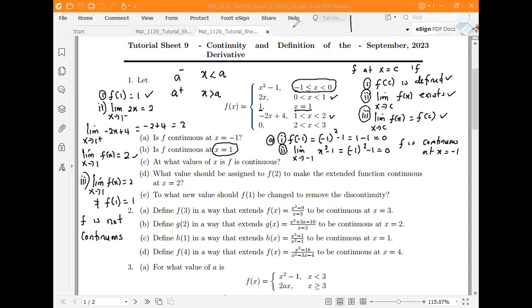Okay, so let's check also at 2. So if we check at 2, we have issues because... who can tell me the limitation that 2 is having there?